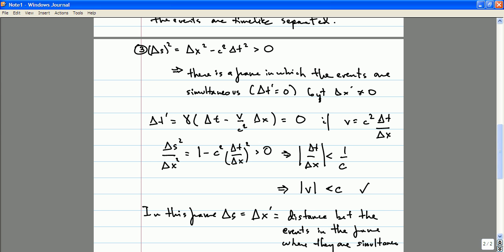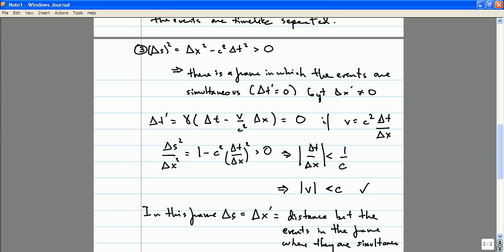It's less than c, it would be at the same place, right? No, v is the relative velocity of the frame S, which is the original one where I've measured delta x and delta t, and the frame S prime, which is the one where the two events will take place simultaneously. And so one of the things, which as we will discuss in great detail later on in this course, is that all observers will need to travel at speeds less than the speed of light.